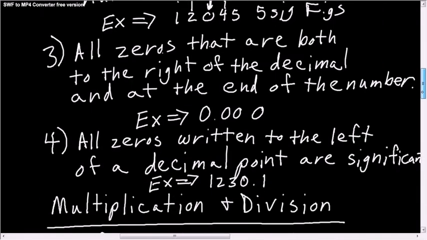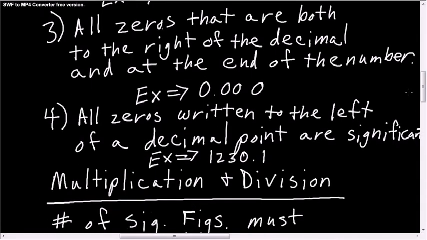Okay, third rule. There's only 4 rules, I promise. Third rule, all zeros that are both to the right of the decimal and at the end of the number are significant. So if I have, for example, 0.0010, all the zeros to the right of the decimal and at the end of the number are significant.